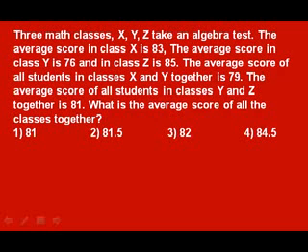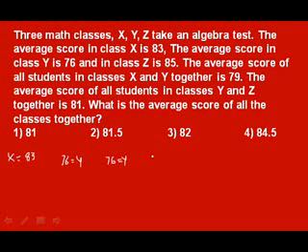So let's take a quick look at the question. Now in this question, the average score of X is given to me as 83. The average score of Y is given to me as 76. Let me write it 2 times so that it helps you in solving the question easily.